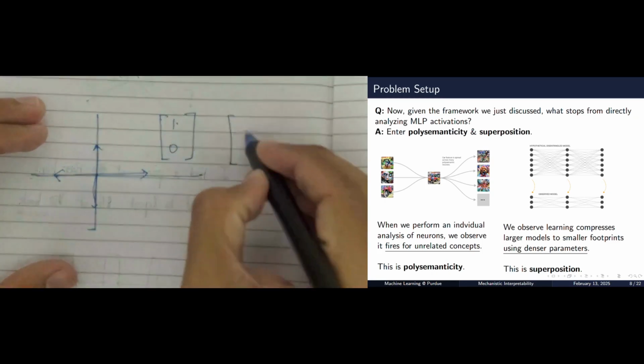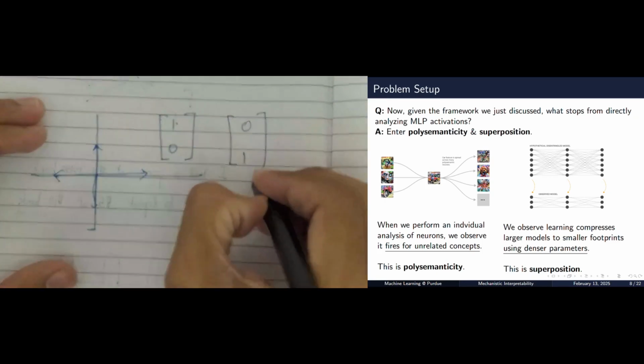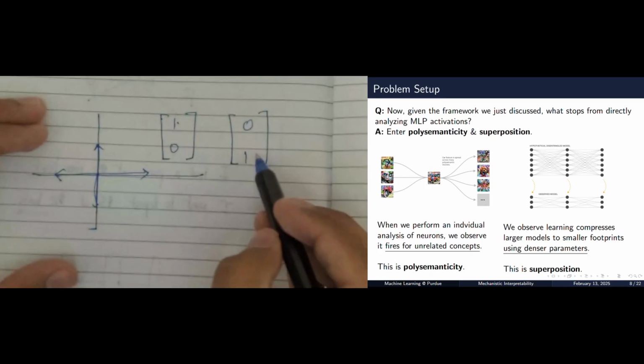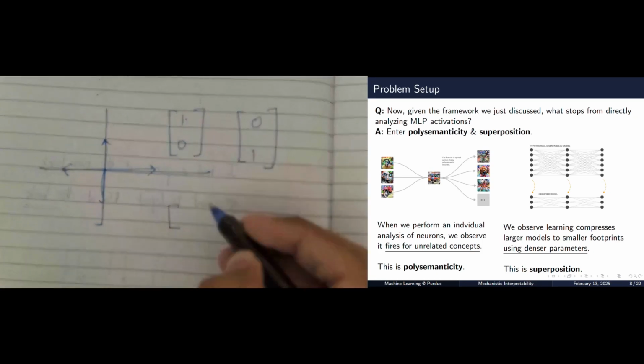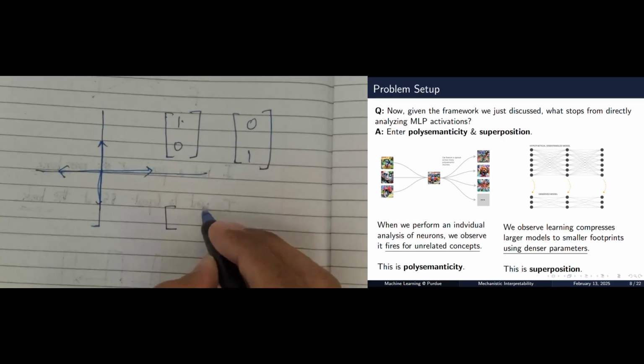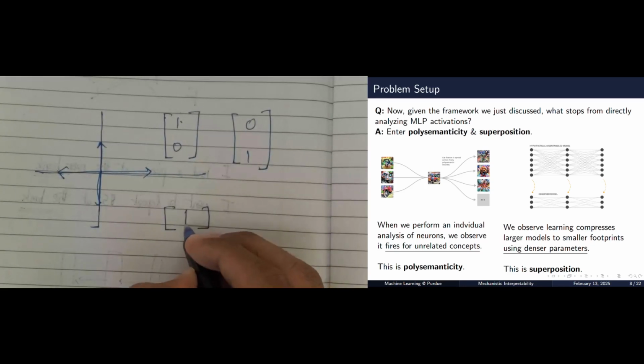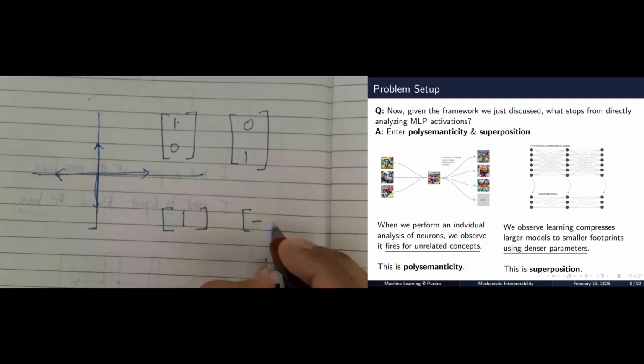And during training, this idea is observed by the network in some sense as well, where two things fire relatively independently, where you have 0, 1 or 1, 0. And you say, okay, let me cheat a little, let me represent this entire thing by just a single value, and if it is positive, I'm talking about river bank. If it is negative, I'm talking about financial institution bank. And now you just got superposition, right?